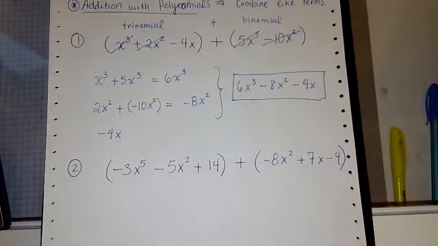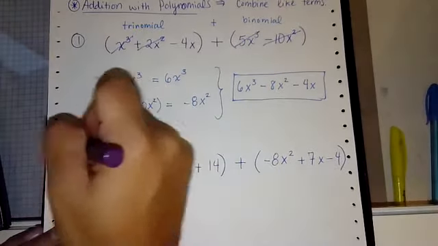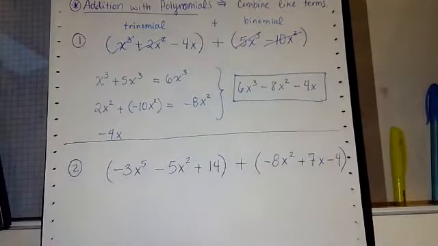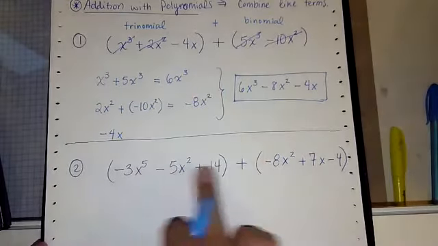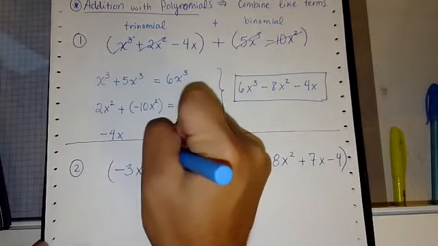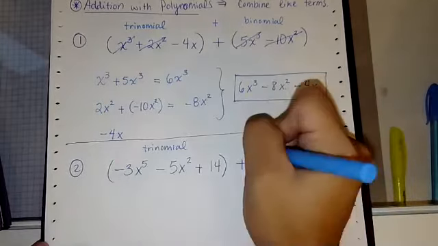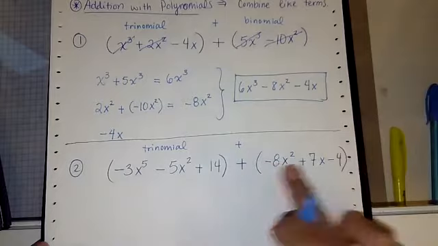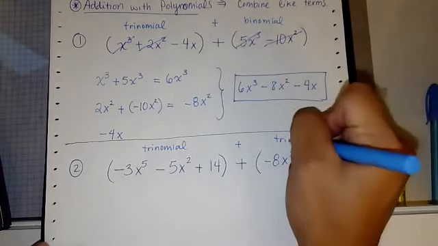Okay, so in this problem, let me go ahead and write a line here just to separate it from the problem above it. In this problem, we have 1, 2, 3 terms, so this is a trinomial being added to another 1, 2, 3, another trinomial.